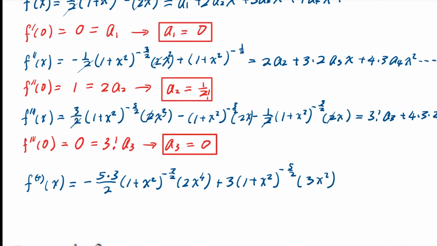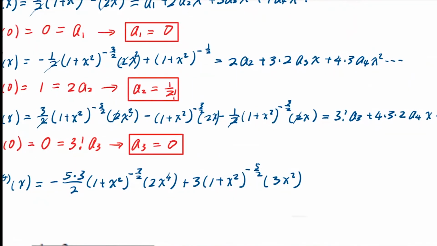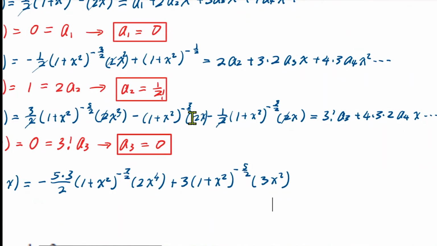Good. Derivative of that thing, right? The rest of them is just u v prime. Okay, let's do the chain rule on this one. So u prime, so plus 3 over 2, 1 plus x squared to the negative 5 over 2, and this becomes 4x squared.